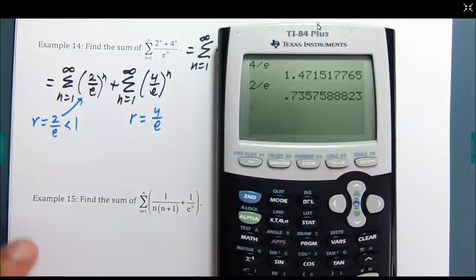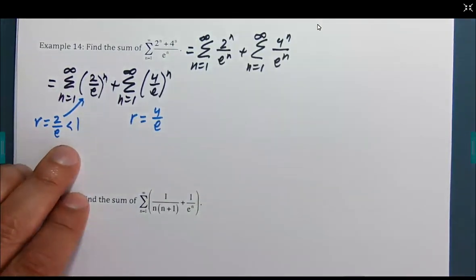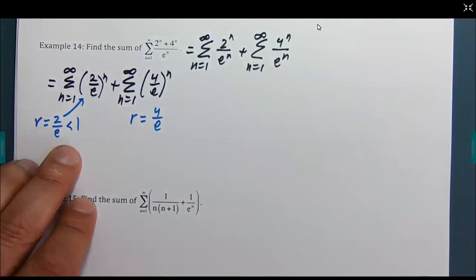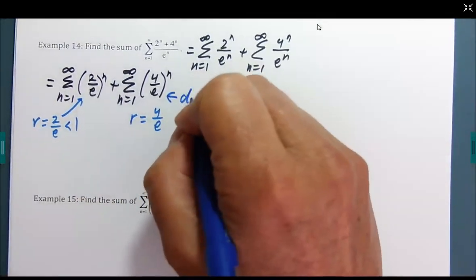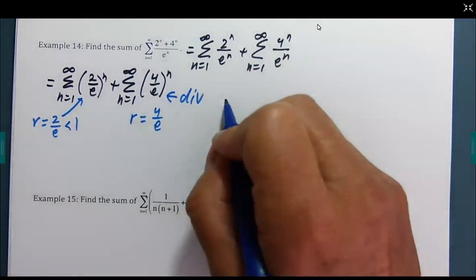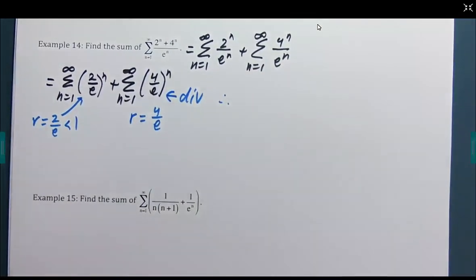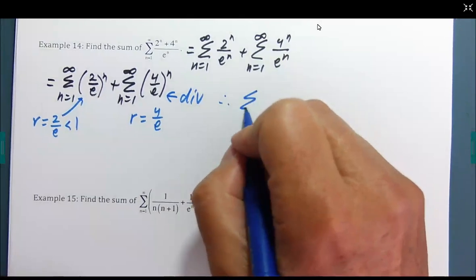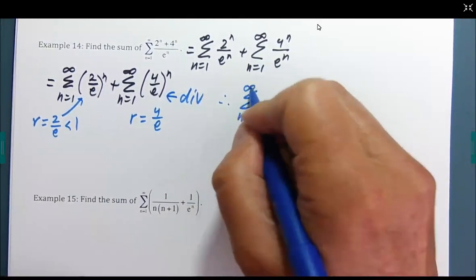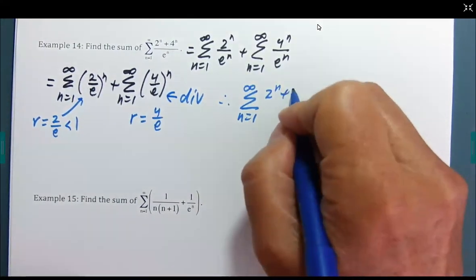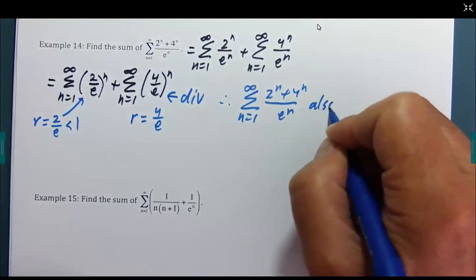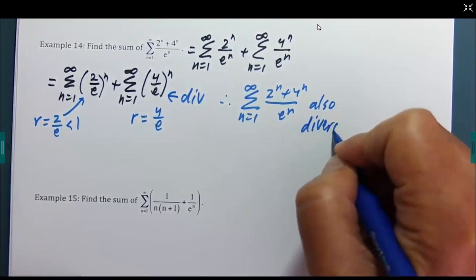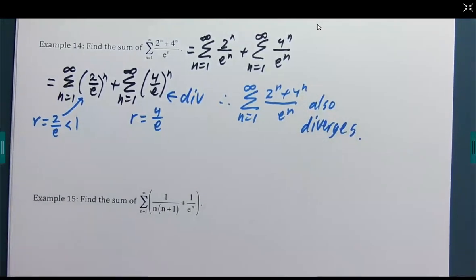That's less than 1. So this first one, we're good. The second one, no. So this part diverges. Therefore, the whole thing also diverges. So if either part diverges, we have to say the whole thing diverges.